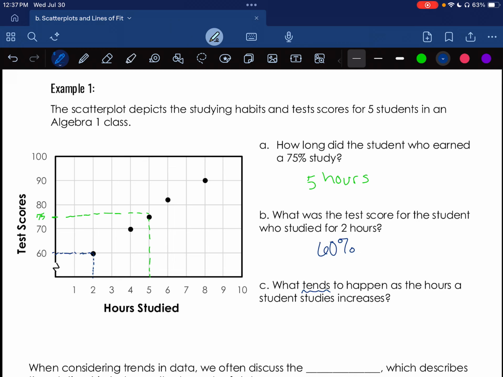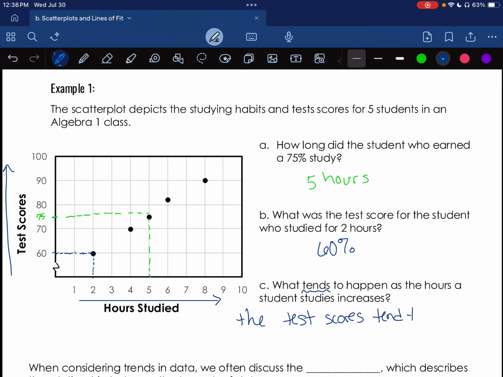So we would say as the length of time the student studies increases, going this direction, what's happening to our y's, the test scores? They're also going up, right? So we would say the test scores tend to increase.